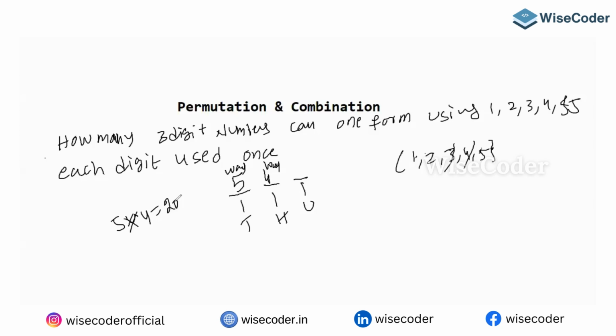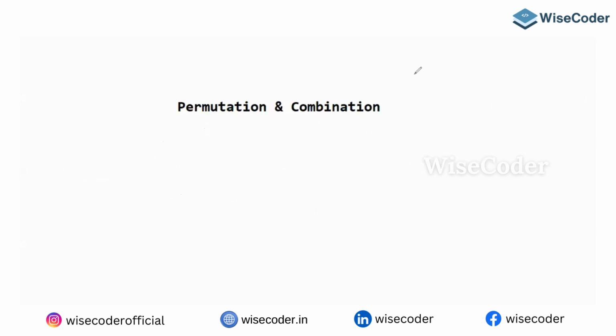Let's try to figure out this particular thing, since we are at the very initial stage. We'll try to understand how permutation and combination actually come in. Let's say if I put the first position with 1, then two places are vacant.